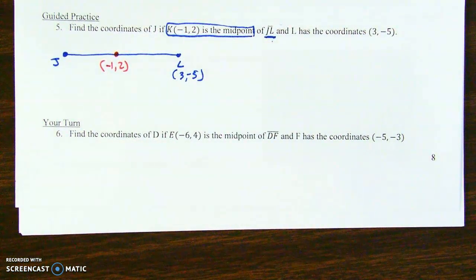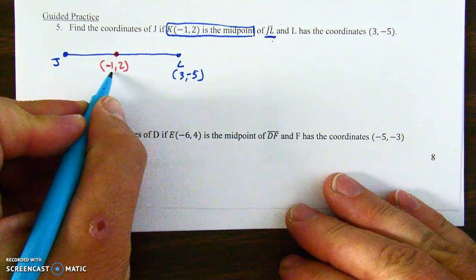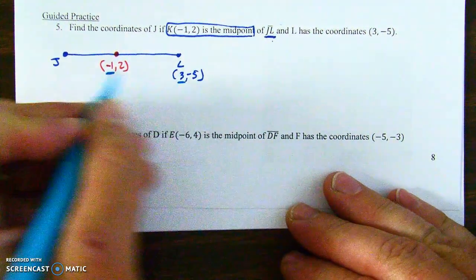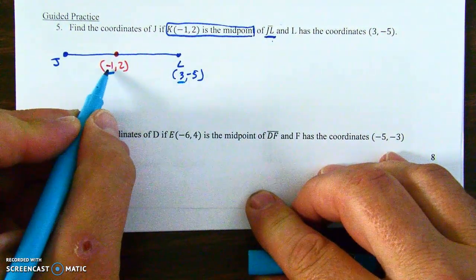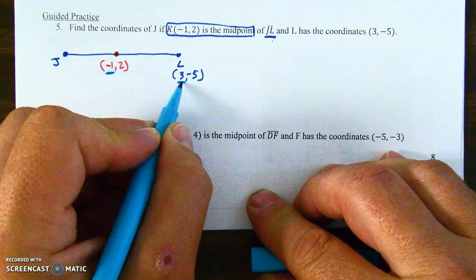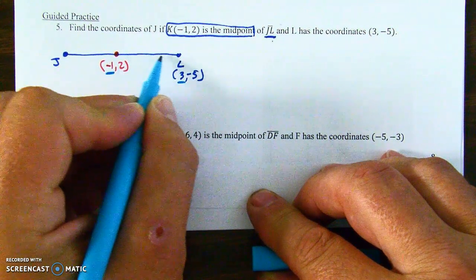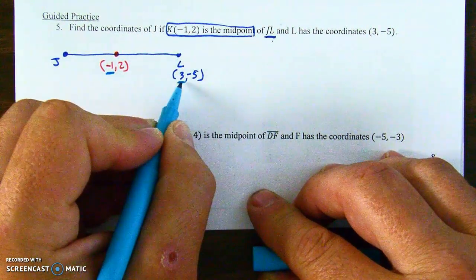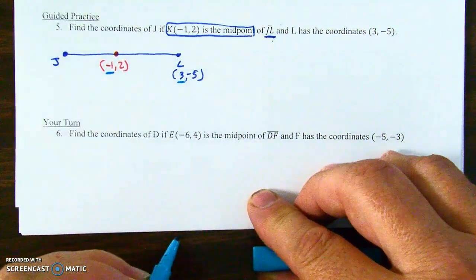Okay, so it's like a number line if we want to think of it that way, but it's kind of a unique number line that we deal with. So what we want to do is look at our x's first. Notice this is a -1 and a 3. If I were to count my number line over that many units till I hit L, how many units would that be?